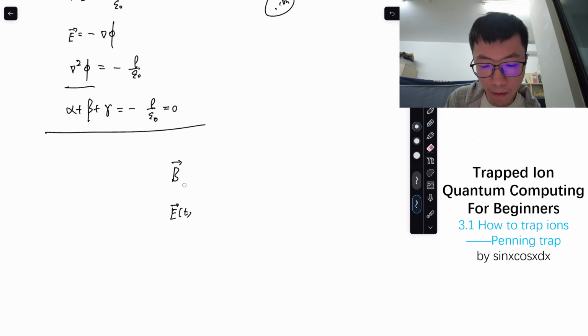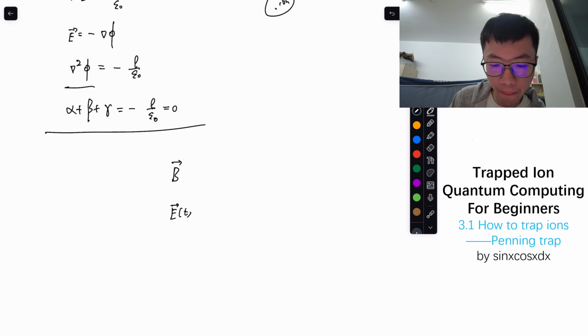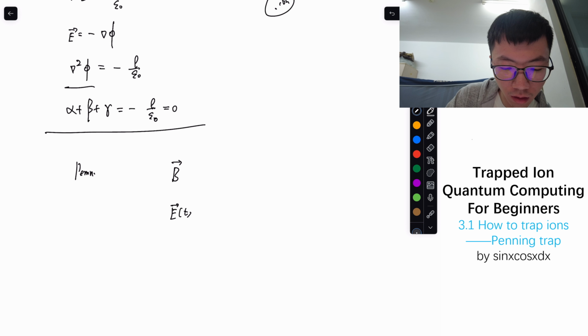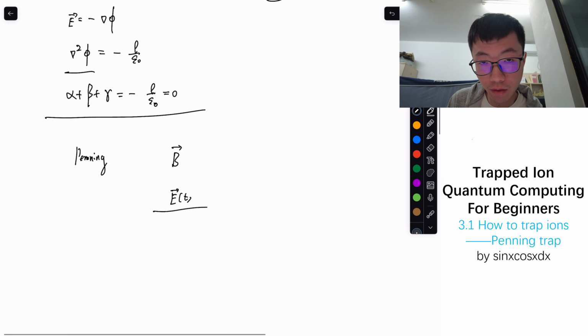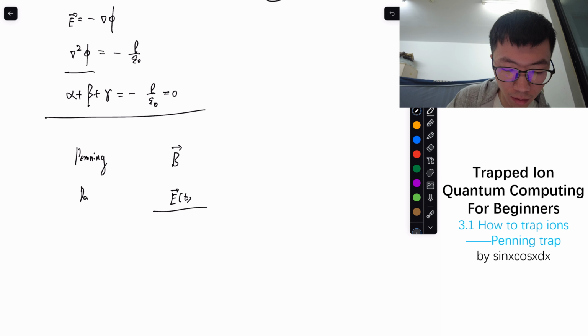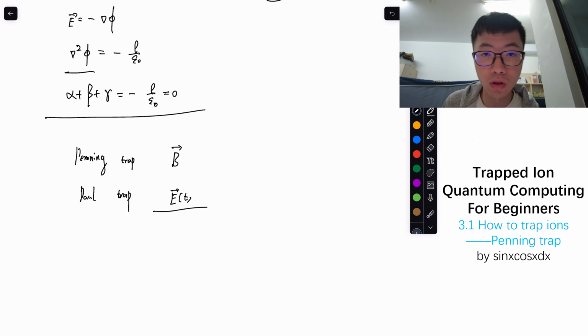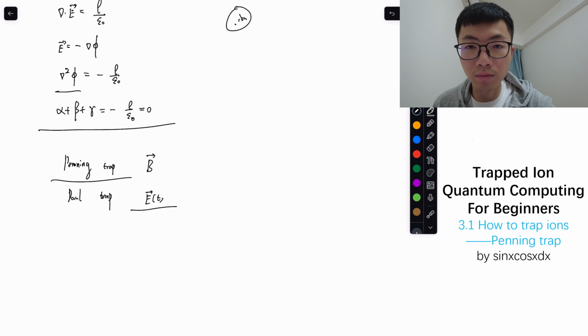If using the magnetic field, it's called Penning trap. It's a kind of ion trap. And if you use an alternating electric field, it's called Paul trap. And these are the two main forms of the ion trap.